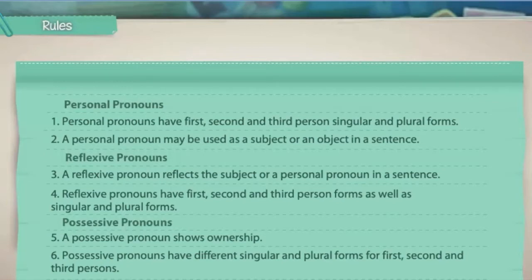Reflexive pronouns have first, second, and third person forms as well as singular and plural forms. Possessive pronouns. A possessive pronoun shows ownership. Possessive pronouns have different singular and plural forms for first, second, and third persons.